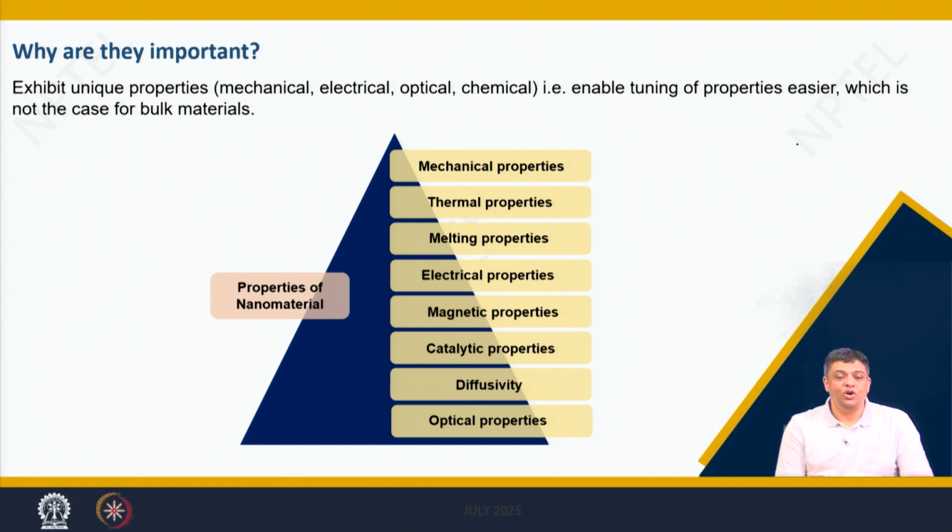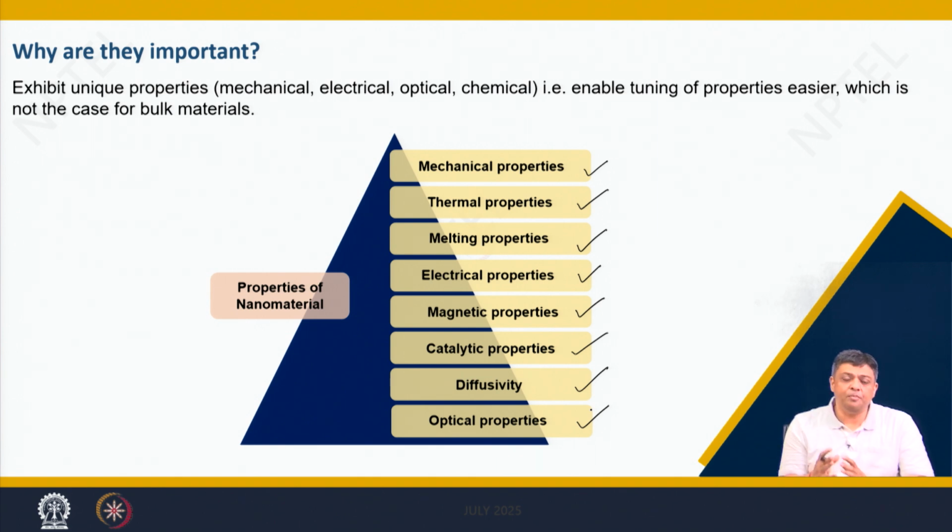Hence, what are the properties which will get modified as we move from one type of nanomaterial to the other? Clearly, mechanical property, thermal property, melting, electrical, magnetic property, catalytic property, diffusion or diffusivity, optical property, electrochemical properties, and so on so forth.